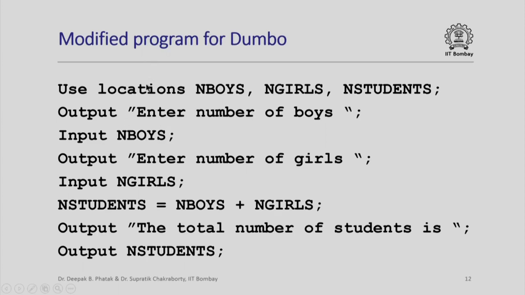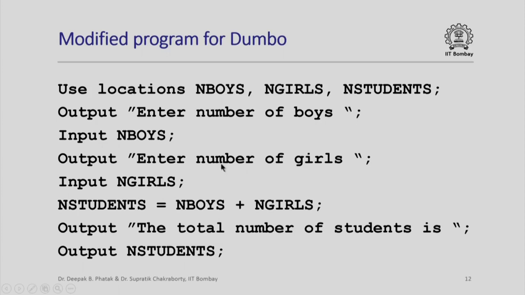We are asking Mr. Dumbo first to show us this string on our screen. This makes us ready to give an input value, because the next instruction is input n boys, and Dumbo is bound to come to us with his card waiting for the value. But because of this message that we have seen earlier, we give that value. Same thing is done with the collection of the value of number of girls.